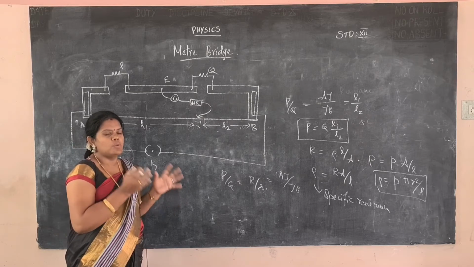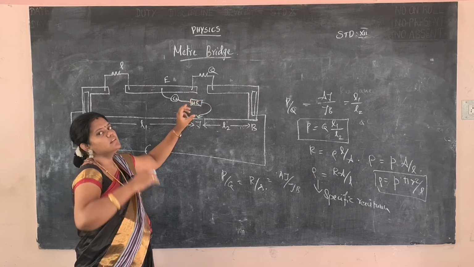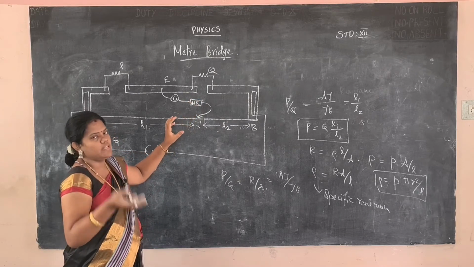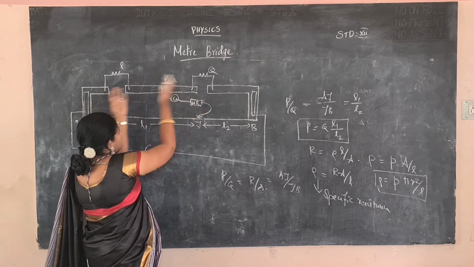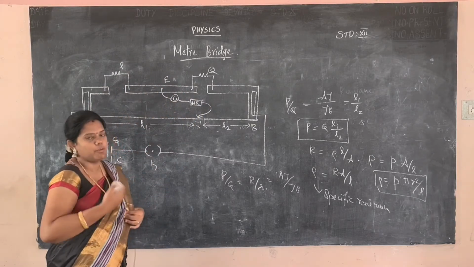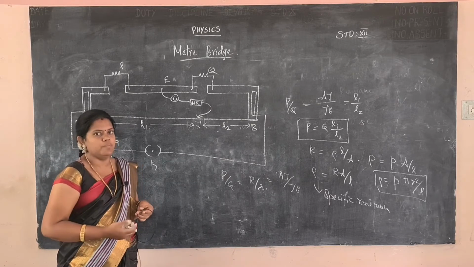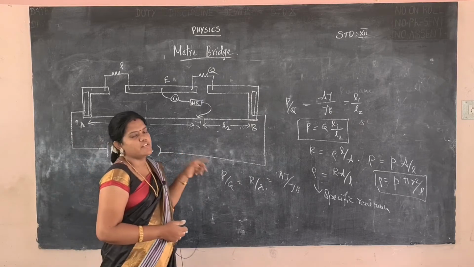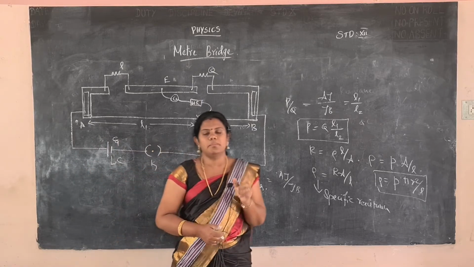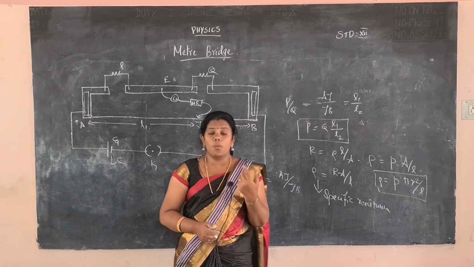L1, L2 values we will find out, and then after interchanging P and Q, again you have to fix the R value and find out the L1, L2 values. So in our first practical we mention the resistance value X is equal to X1 plus X2 by 2. I will explain that with the components in the lab.